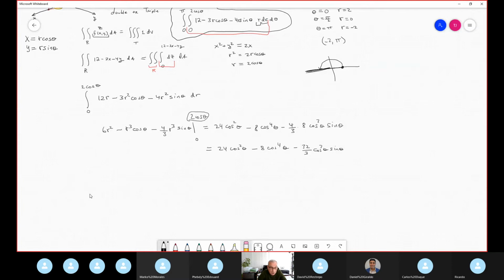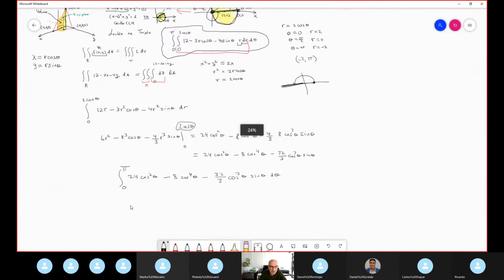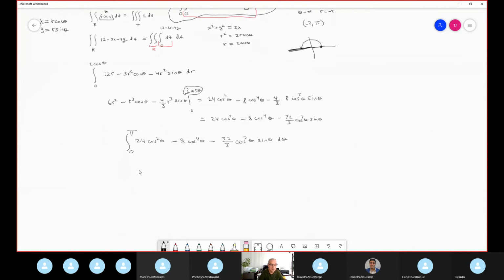The last part is the integral from 0 to pi of 24 cosine squared theta minus 8 cosine to the fourth power theta minus 32 over 3 cosine cubed theta sine theta d theta. Wow, a little bit hard.